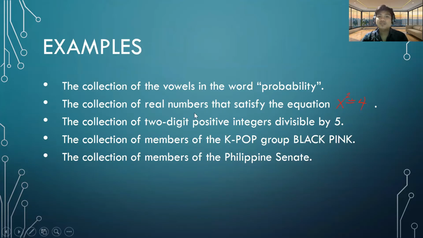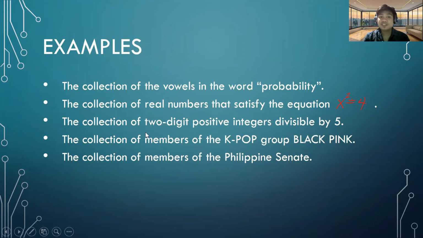So the collection of real numbers that satisfy the equation x squared is equal to 4. Alam natin na ang real numbers that will satisfy this particular equation is positive and negative 2. Kasi if we get the square of negative 2, our answer is 4. Same is true with positive 2 squared, that is also equal to 4.